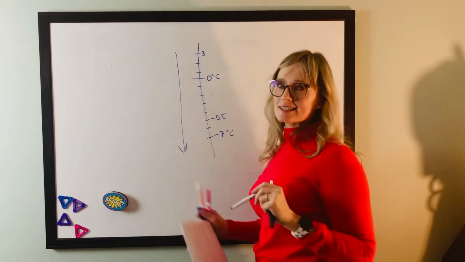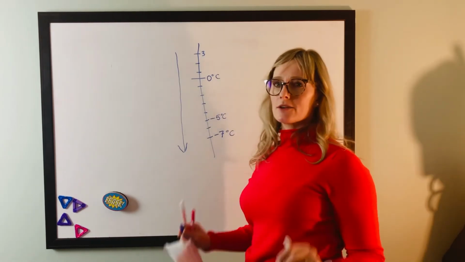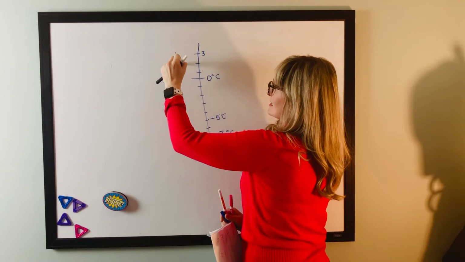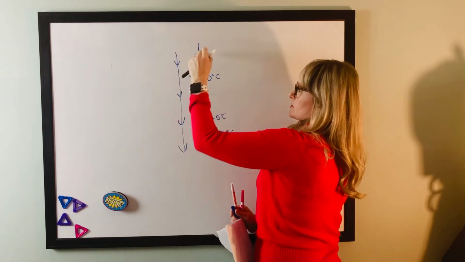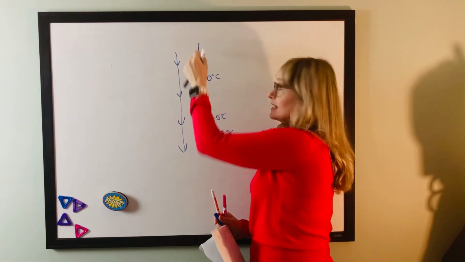The reason this is a good way to think of it is because it's true for the entire thermometer. If we're descending like this, that means we're getting smaller. So we start with 3. You know that 2, 1, and 0 are less than 3.